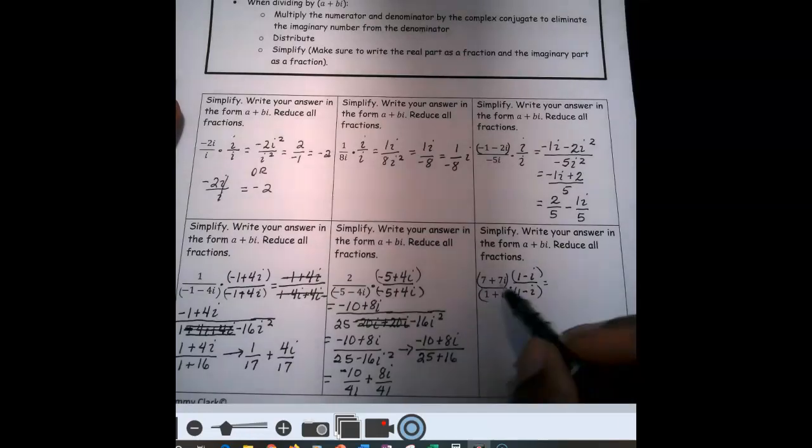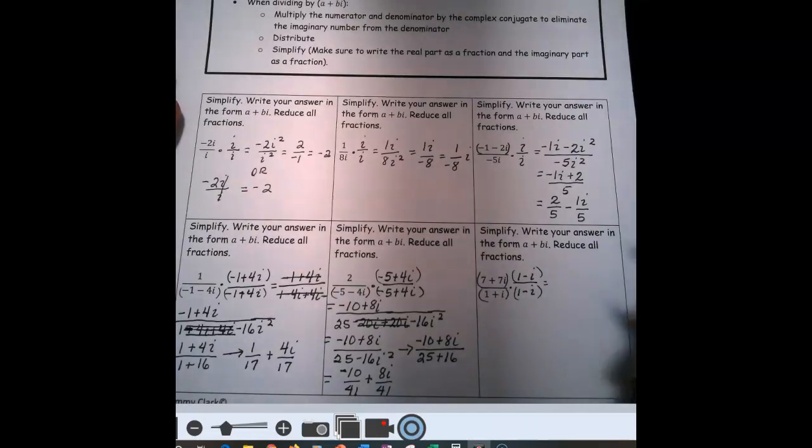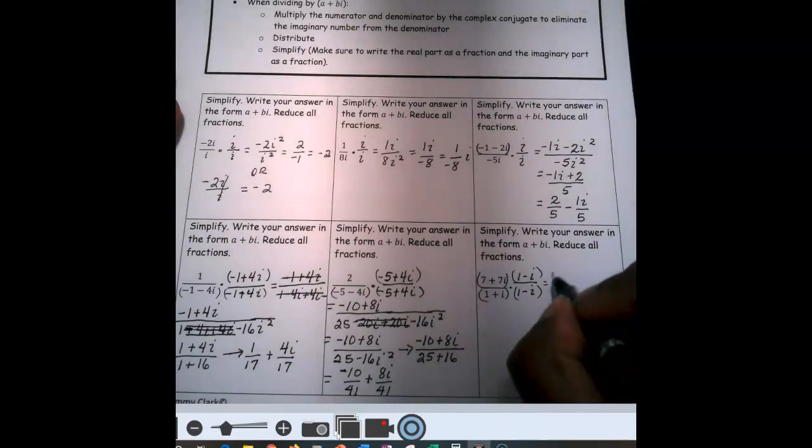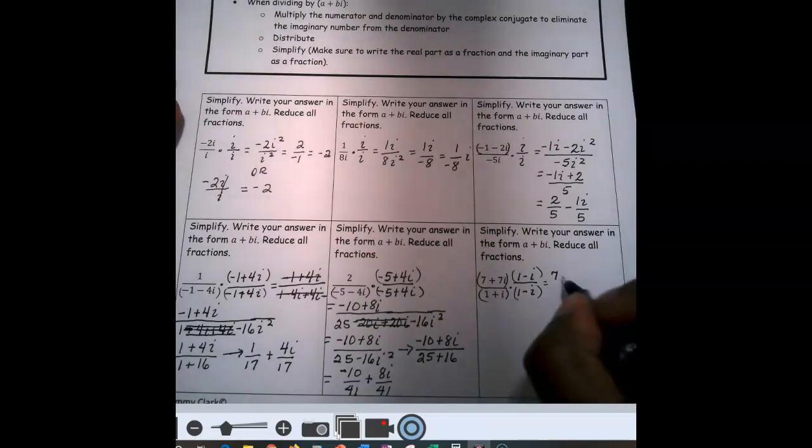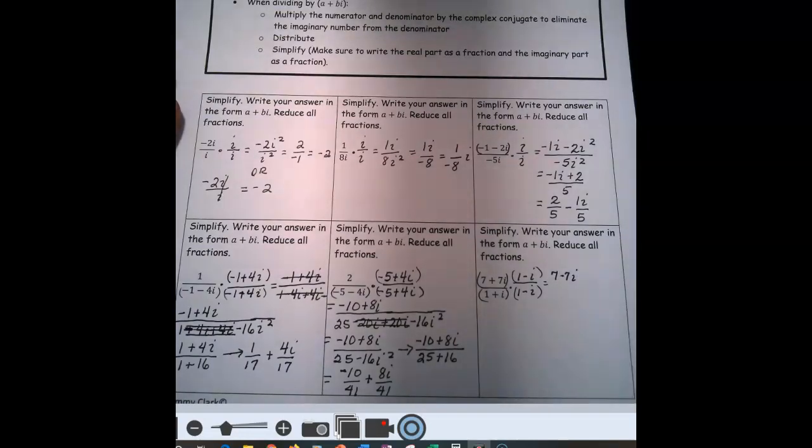We've got 7 times 1, which is 7. 7 times negative i, which is negative 7i. 7i times 1 is positive 7i. And then 7i times negative 7i is negative 7i squared.